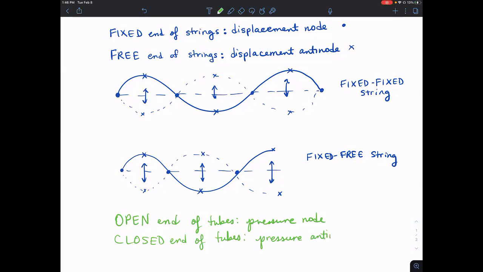So if I had these same pictures, whatever has nodes at both ends, that could be a fixed string. It also could be an open tube. And the fixed-free string could be an open-closed tube. Their pictures and the math behind finding the frequencies and all of that are identical. Okay, so that's good to remember.